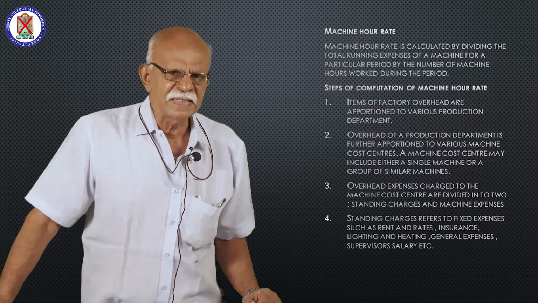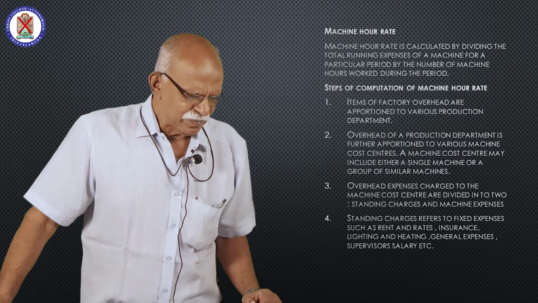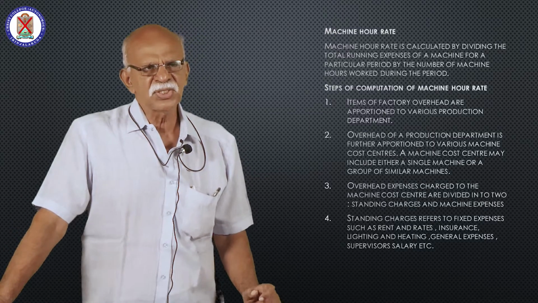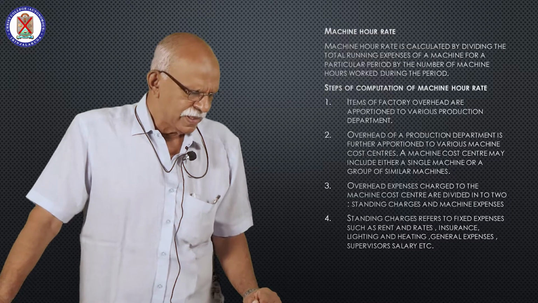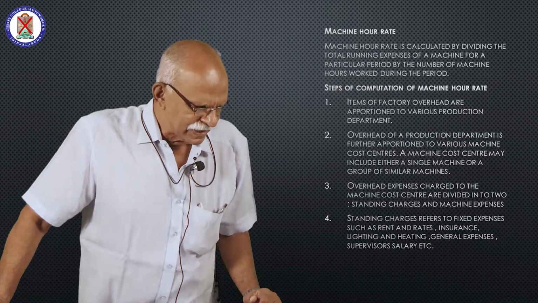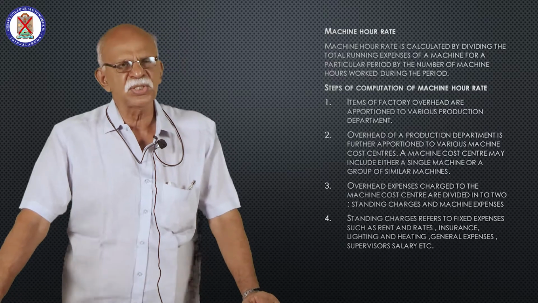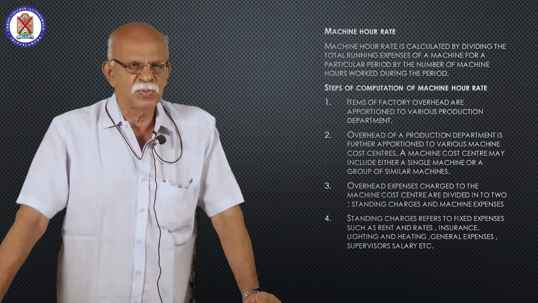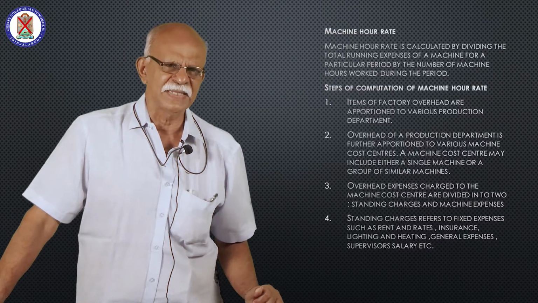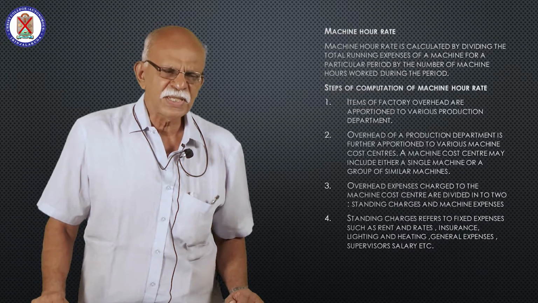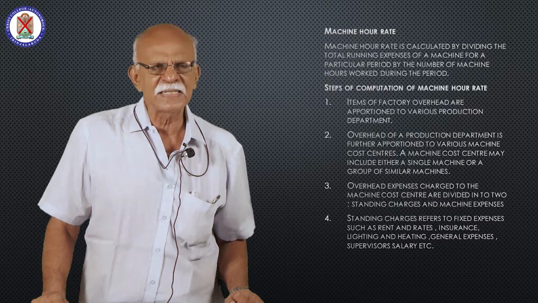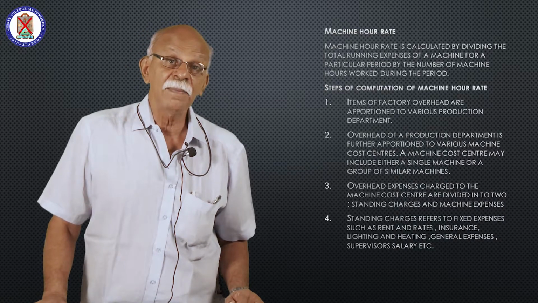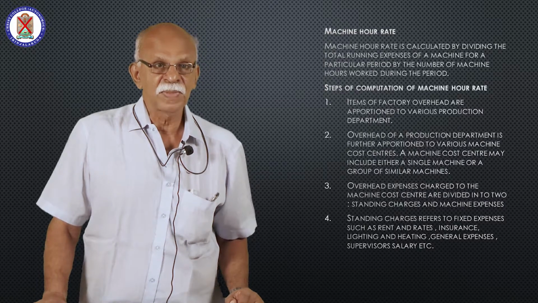Expenses which are incurred like rent, rates, insurance, lighting and heating, general expenses, supervisor's salary. All these come under standing expenses or fixed charges. That means those expenses which are not directly related to machines come under standing charges.